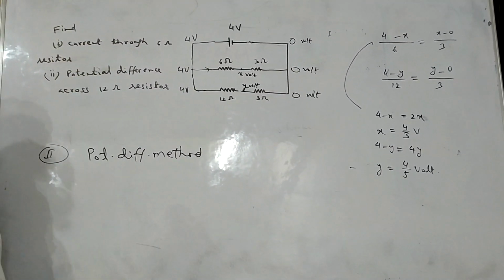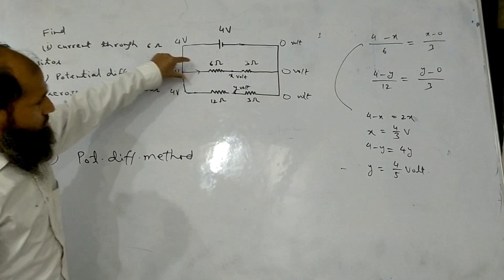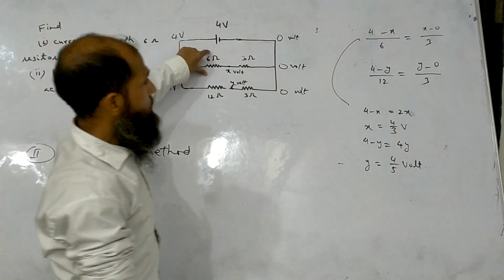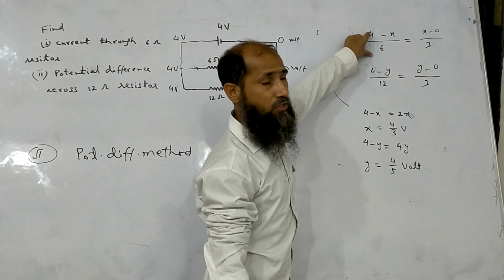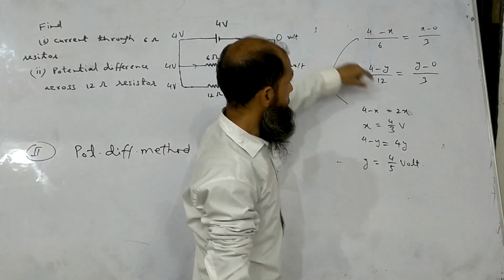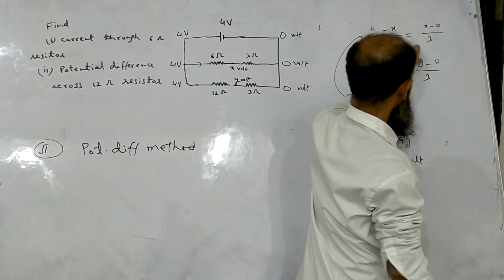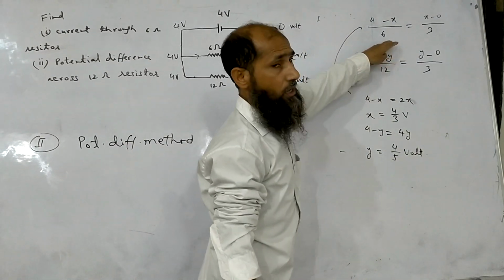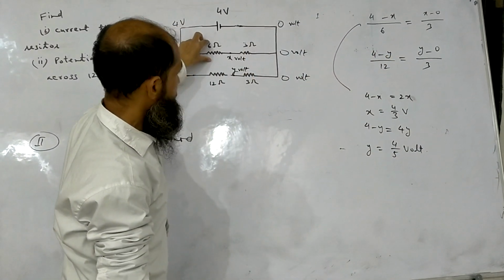The first one is the current through the 6 ohm resistor. Just put the value of x, which we have got here, and you will get the current through this resistor.